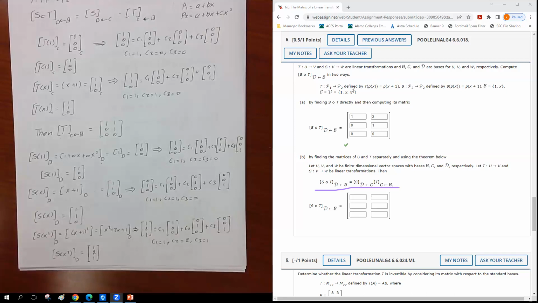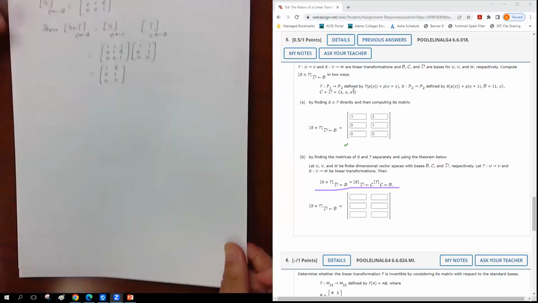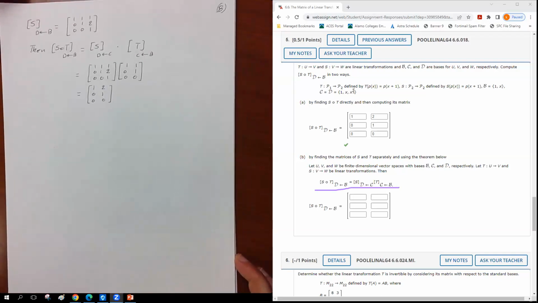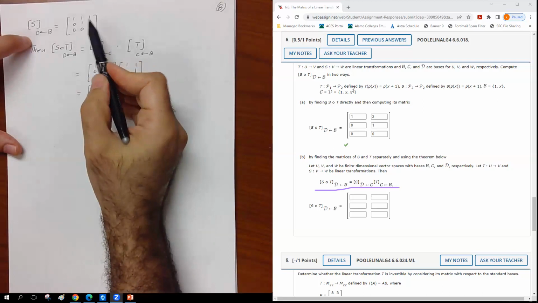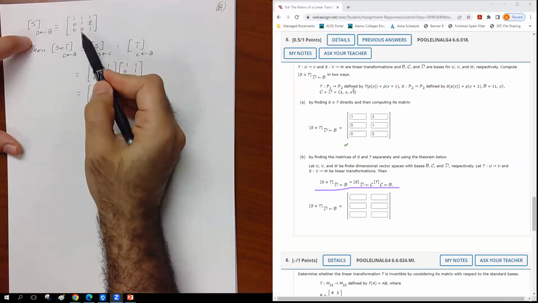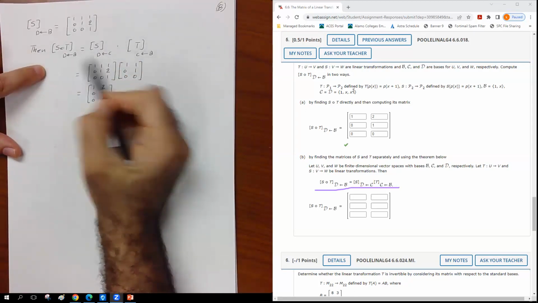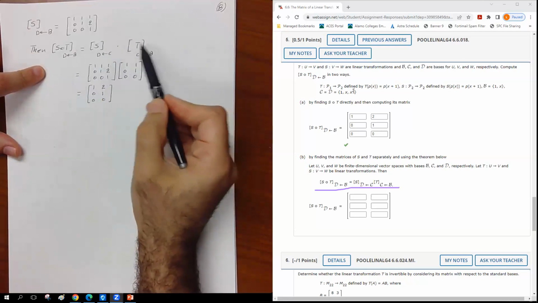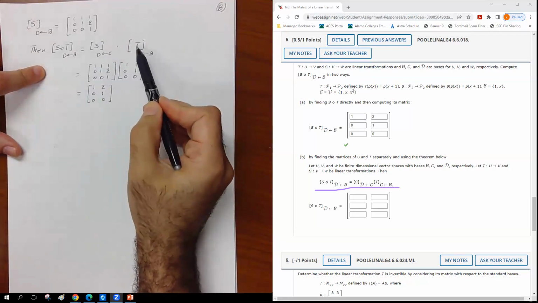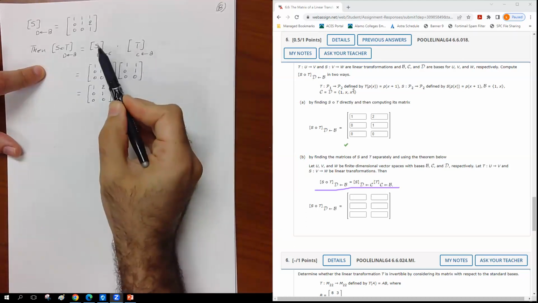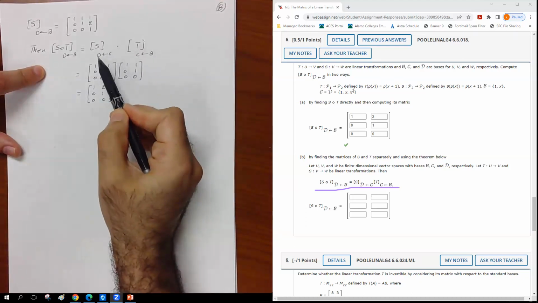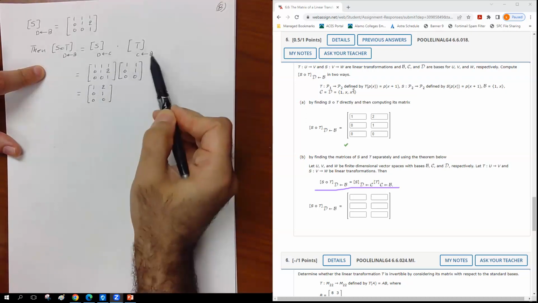Now, next step, we're just going to multiply. That means our matrix from base C to the base D is going to be 1, 0, 0, 1, 1, 0, and 1, 2, 1. By using the theorem, we multiply the matrix transformation from B to C and the matrix transformation from C to D. Be careful, there are different bases.